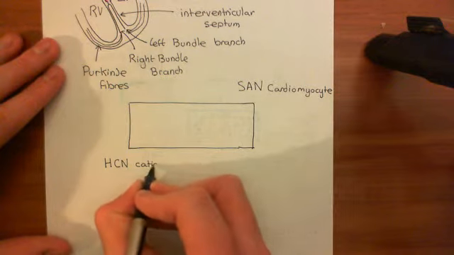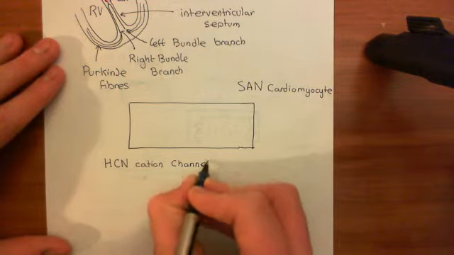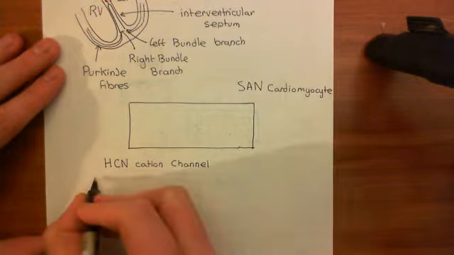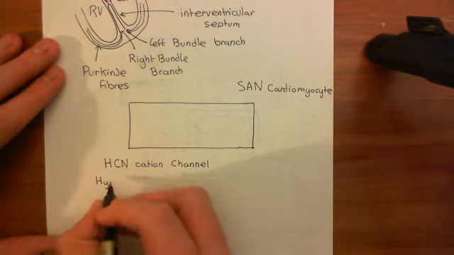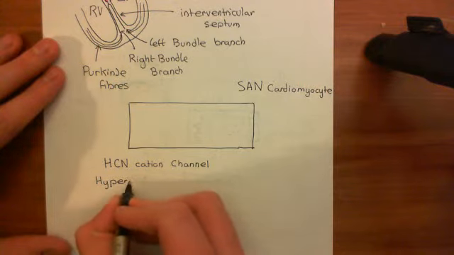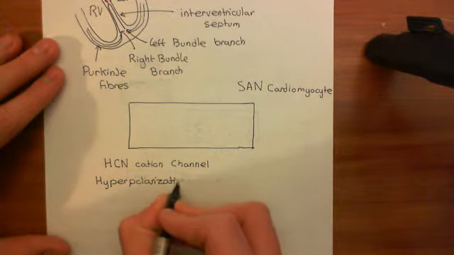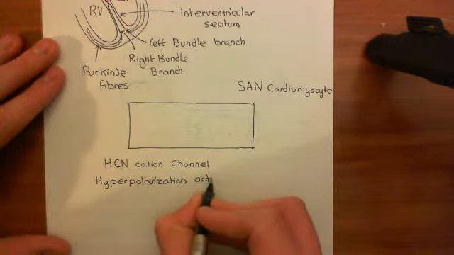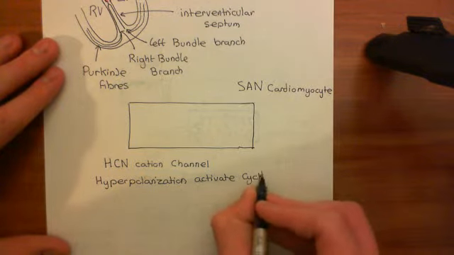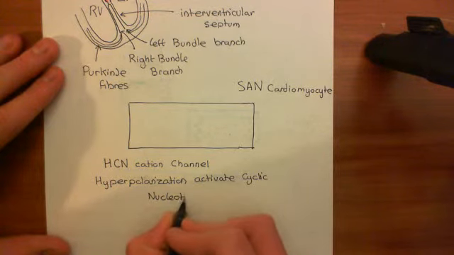Now, what does HCN cation channel stand for? Well, the HCN stands for hyperpolarization activated and then cyclic nucleotide gated. So H is for hyperpolarization activated, and then the C is for cyclic nucleotide gated, and the N is for nucleotide, so the CN is for cyclic nucleotide gated.